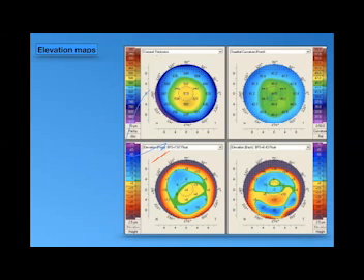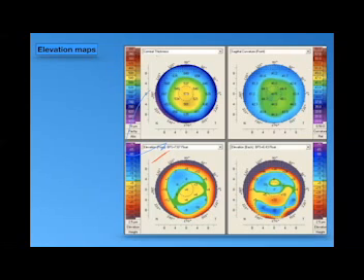The anterior elevation is normally higher in the inferior than the superior, for the same reason we talked about for the topography itself: because there's accepted inferior steepening, there's also accepted increased elevation in the inferior part of the cornea compared to the superior part.